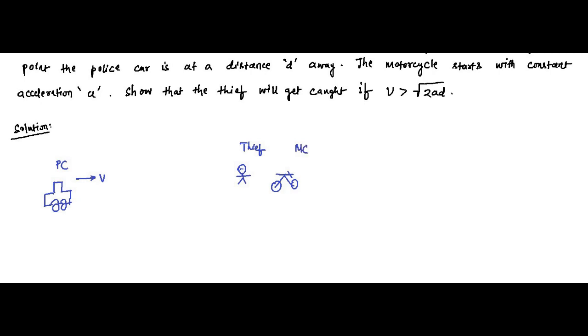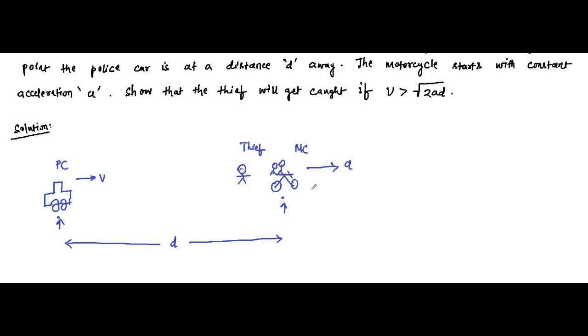At the point where the thief rides on the motorcycle, the separation between this point and this point is d, and the motorcycle is accelerating at the rate of a.